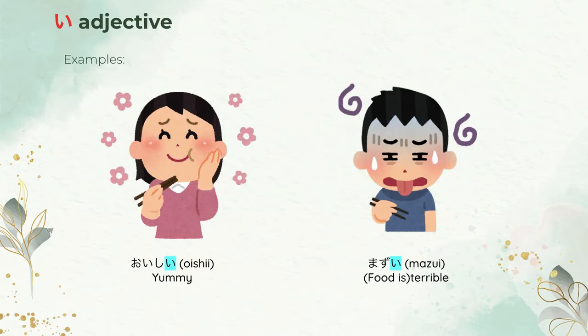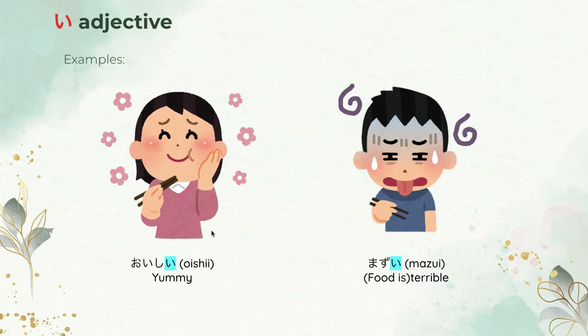The next one, the girl on the left side seems like eating food, and I guess she really liked the food, so you could tell that she has the expression of yummy. And on the other side, this guy is showing how he's disgusted with the food, so we could tell that the food was terrible.